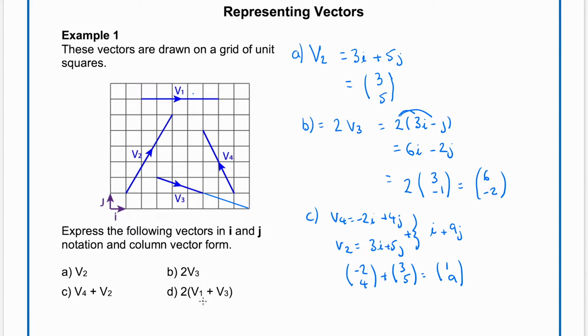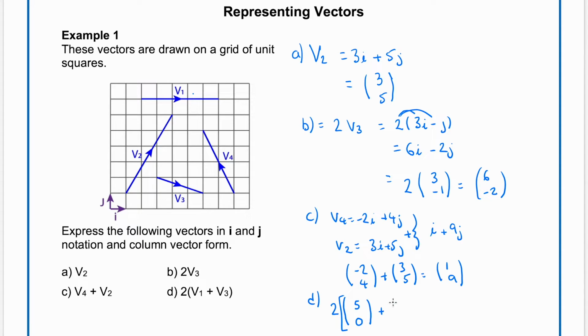Okay, so for question D, I'm just going to use column vector form. So we have two lots of v1, so two lots of 5i, so 5 in the i direction, 0 in the j direction, plus or followed by v3. We'll just get rid of this.